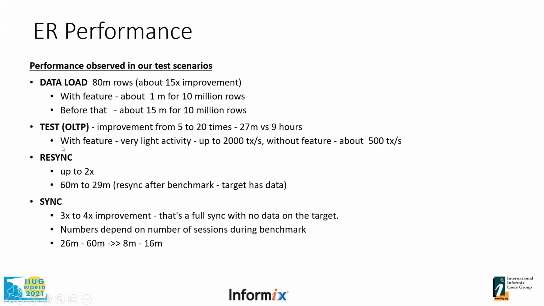The resync was showing up to 2x improvement. What I mean is the target already has the data. This is the normal customer scenario where he has the data and we do the sync. A normal sync, without any data on the target, showed up to 4% improvement.